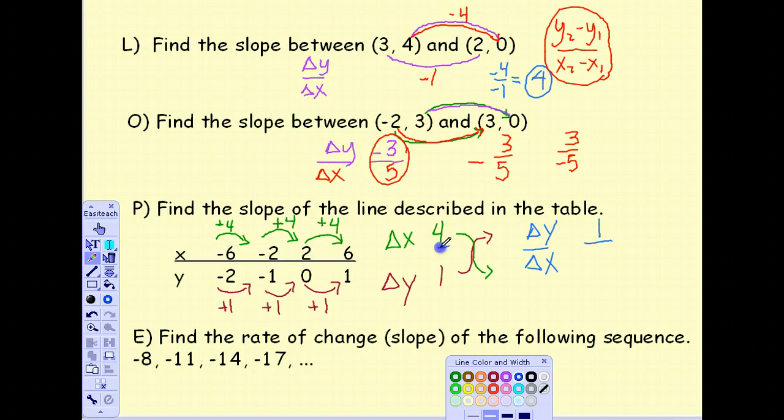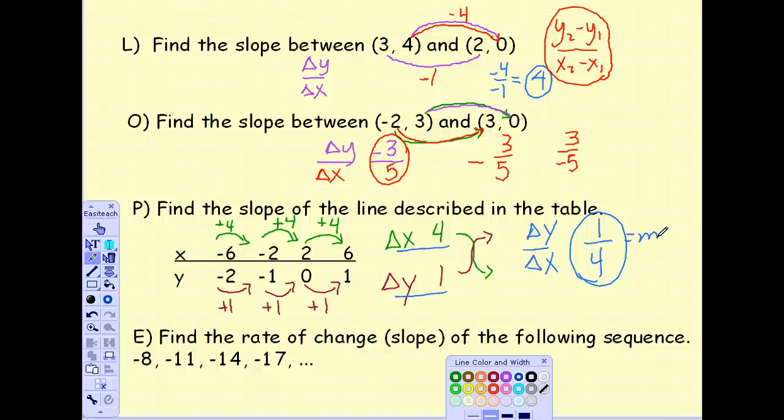The change in x, like we had earlier, is 4. Okay, so our slope, our m value, if you will, equals 1/4. So just like I described earlier in the vocab, slope is a lot of times described by just the letter m. And when we start writing equations, you'll see why we call it m.